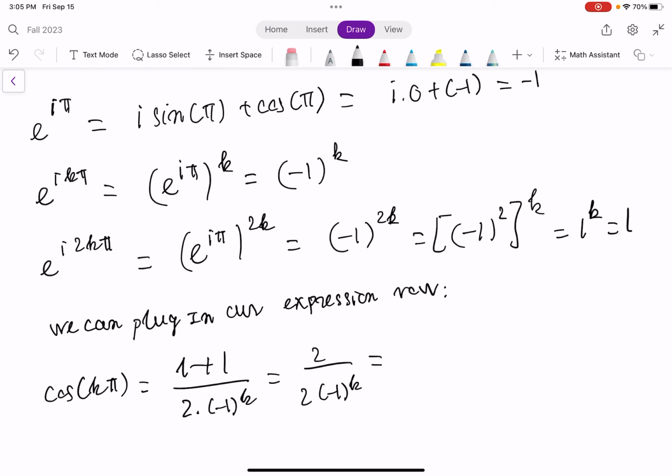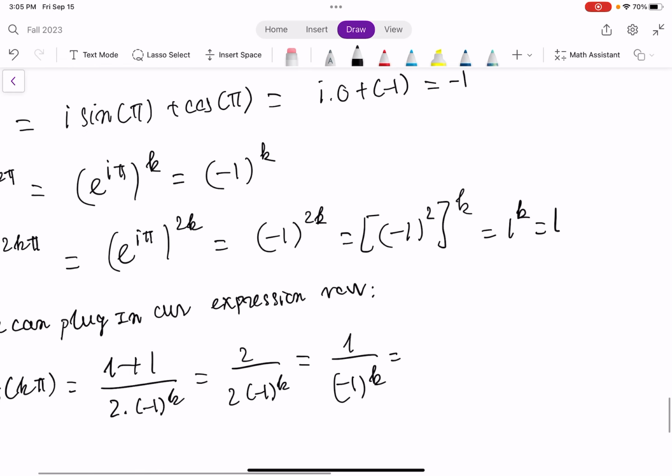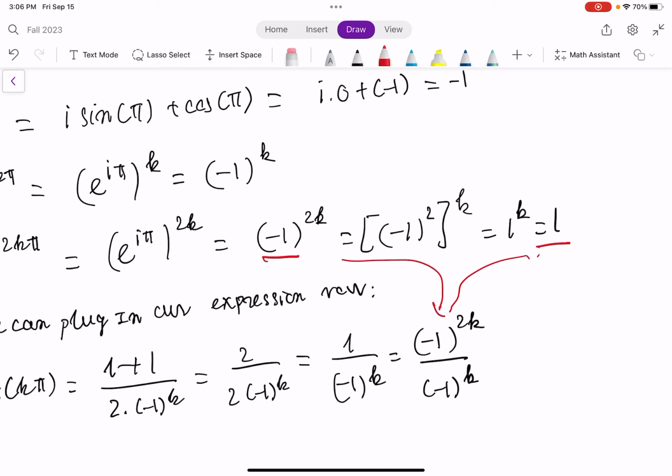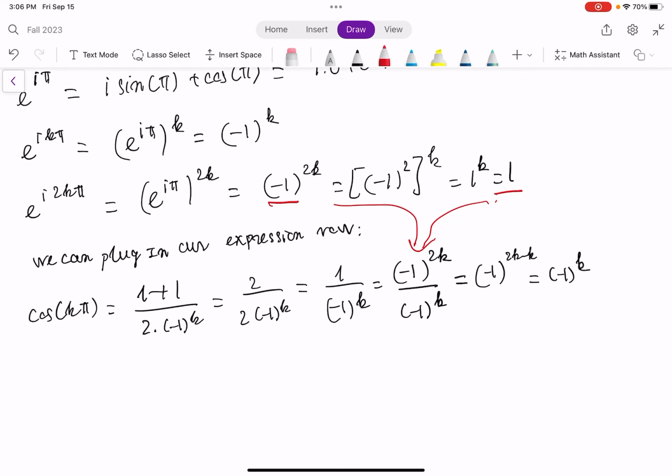So this is going to be 1 over negative 1 to the power k, so recall that 1 is negative 1 to the power 2k, over negative 1 to the power k here. And so you get negative 1 to the power 2k minus k, which is negative 1 to the power k. Okay, so here, everyone, this is what we have. We have demonstrated cos kπ is equal to negative 1 to the power k.